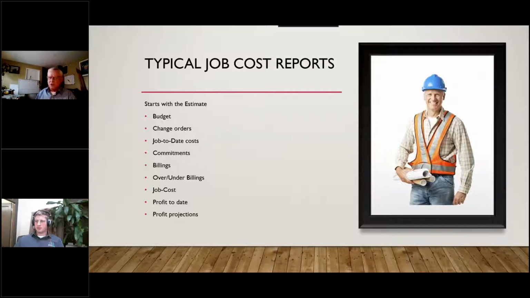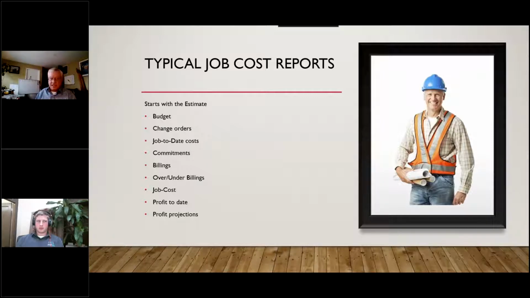Commitments is another important thing, and that's the encumbrances, the things that we know we're going to be paying. We've committed, like a sub, that we know we're going to be paying throughout this job, but we haven't been invoiced for it. But that cost is coming because we've signed a contract with them, and we're going to pay them. Or materials that haven't been delivered or invoiced yet. Those are all commitments that have to be tied into this.